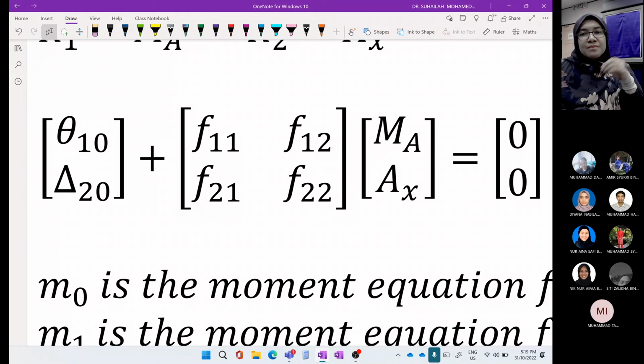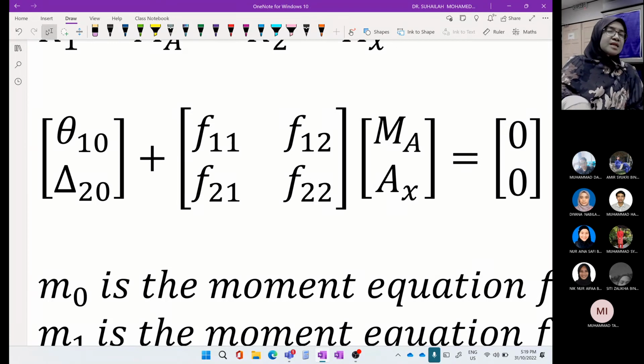We separate the redundant from F. So F cannot stand alone. Actually all of these are delta and theta. F11 times MA is actually theta 11. But because we want to calculate the redundant, that is why we have to apply it like this.